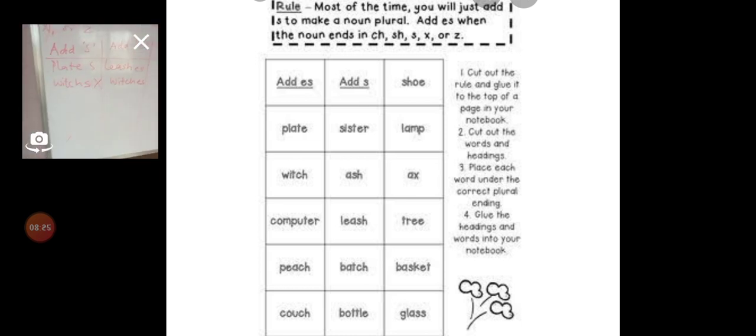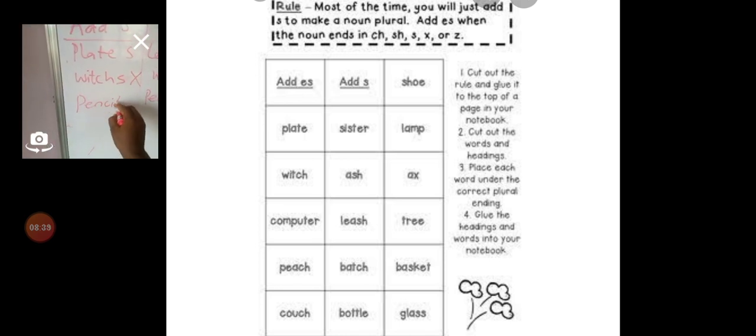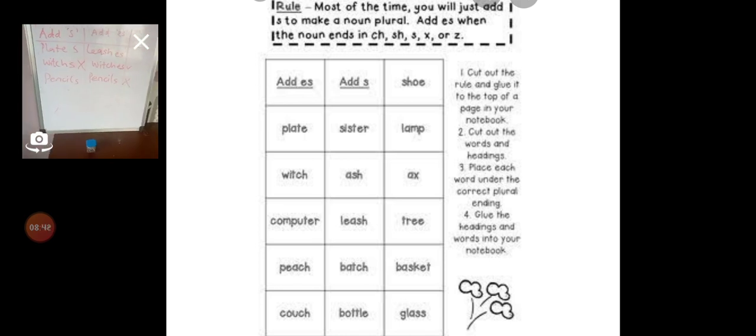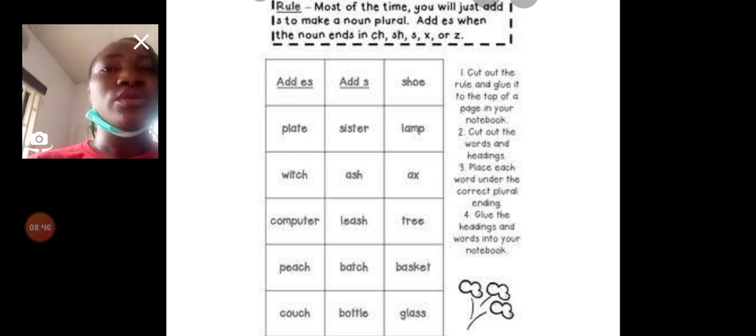Do you understand? And this is what? Correct. And we cannot say this is pencil. This is wrong. Yes, pencil should come here. So this is how you are going to do this.